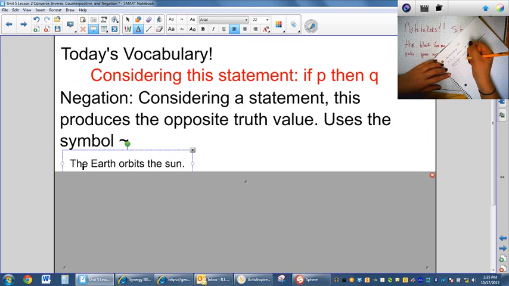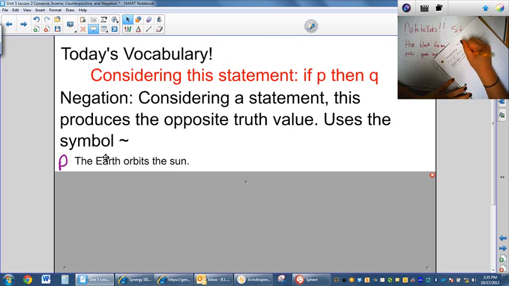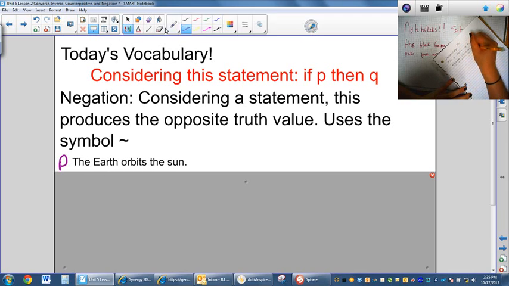And what is the truth value for that particular statement? Sure, yeah. So this is statement P, logical statement P. The Earth orbits the Sun, and it has a truth value of.